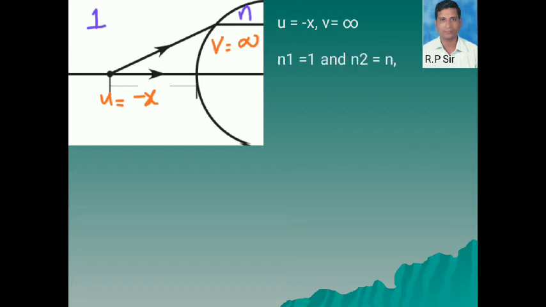As we know, the refractive index of the first medium n1 is equal to 1 and the refractive index of the second medium n2 is equal to n.